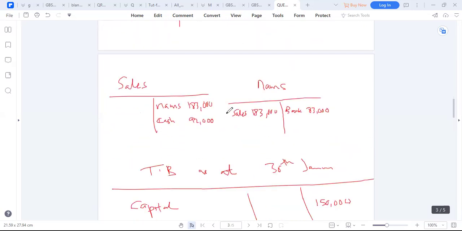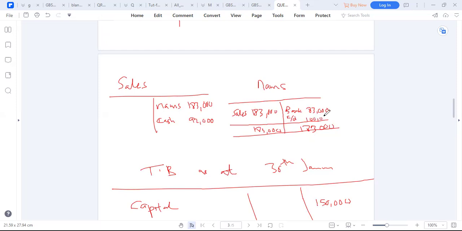Can even start from behind here. We can balance off here. If you have two figures, you pick the biggest figure. So this is 183,000. Then you give them the totals. So 183 minus 83, what is it? Carry it down. It's 100,000.